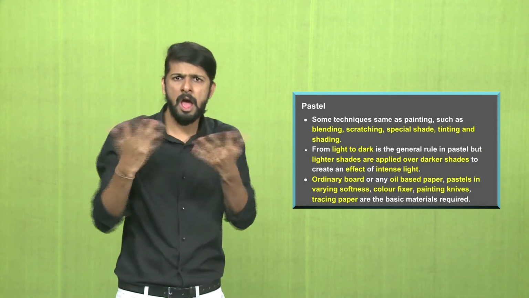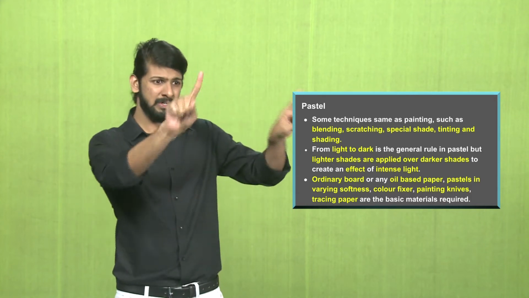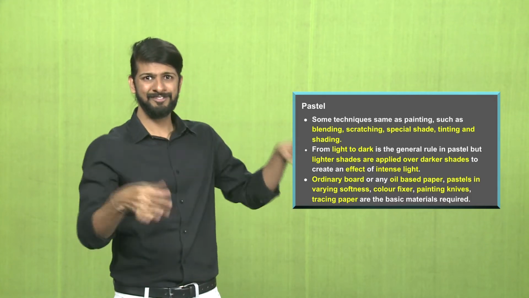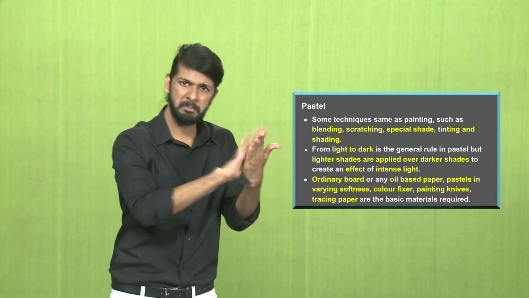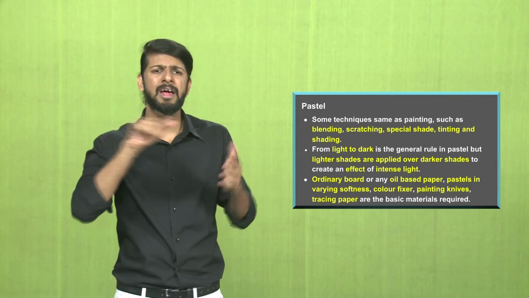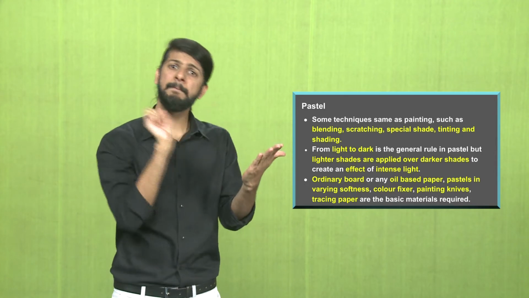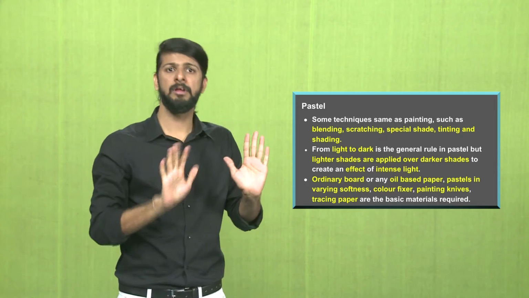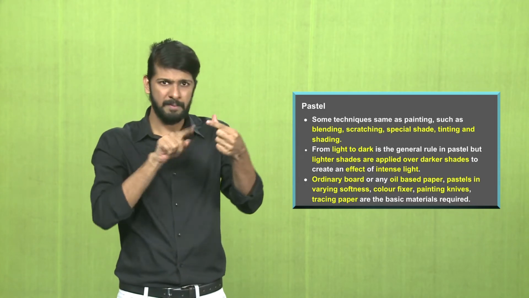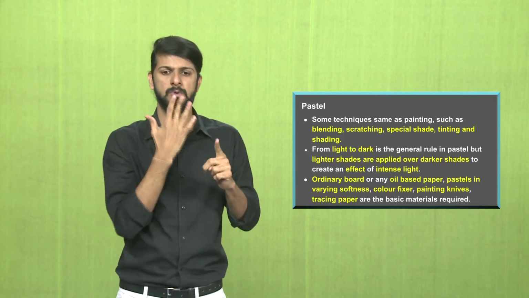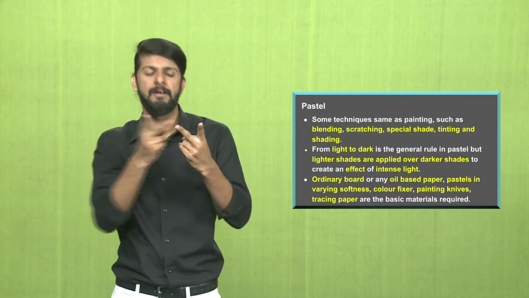The kind of equipment or materials which are required for pastel work is an ordinary board or any oil based paper. This is a specific kind of paper which is used for pastel work. Then you have pastels in varying softness.